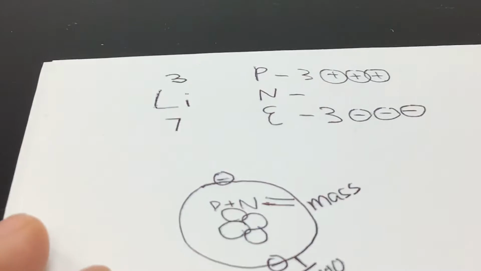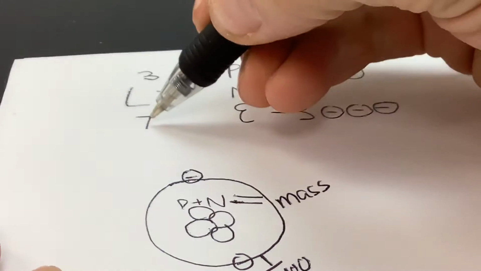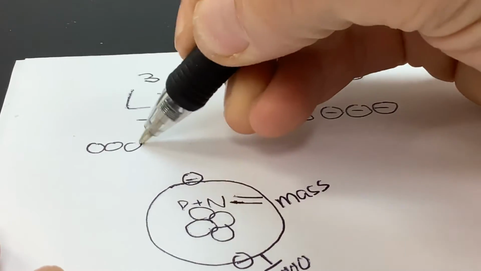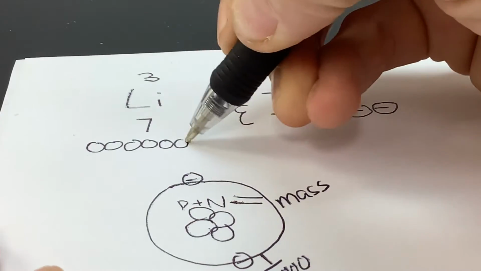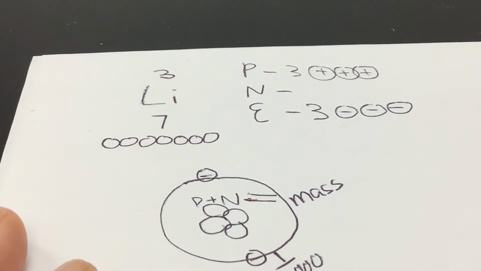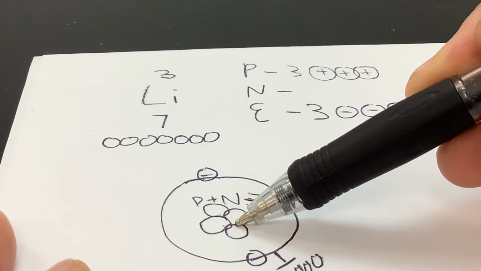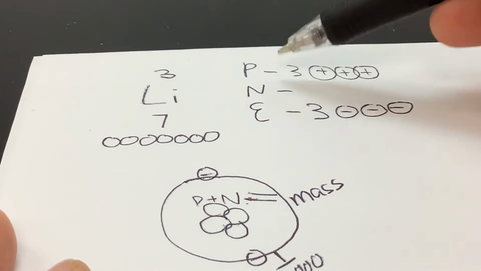So, going back up here, there are 7 things in the nucleus: 1, 2, 3, 4, 5, 6, 7. We know that protons and neutrons are in the nucleus, and we know that there are 3 protons.